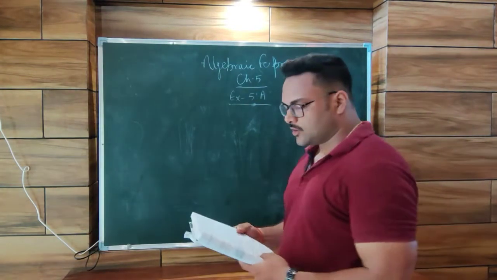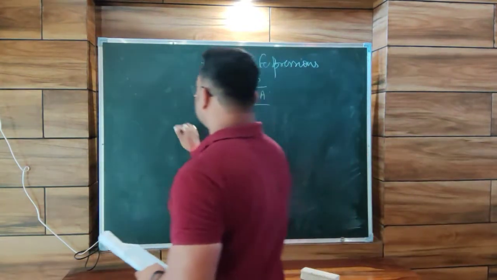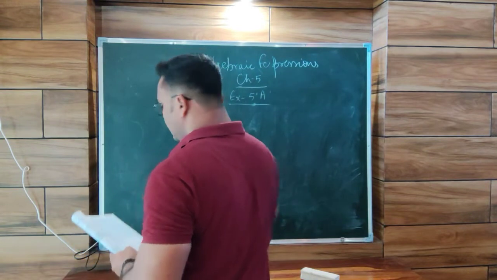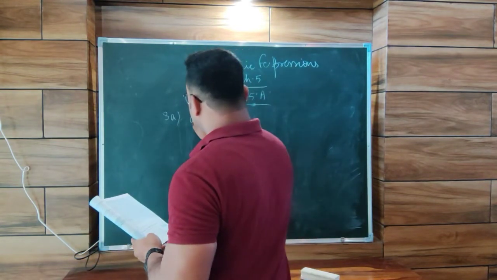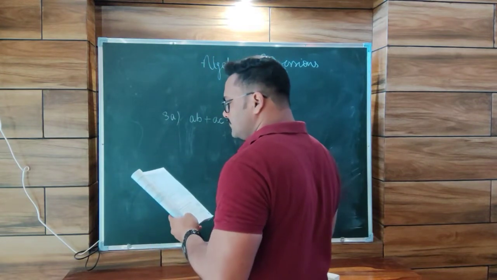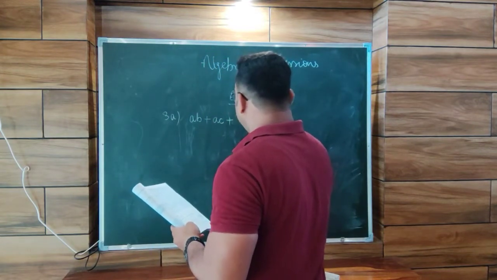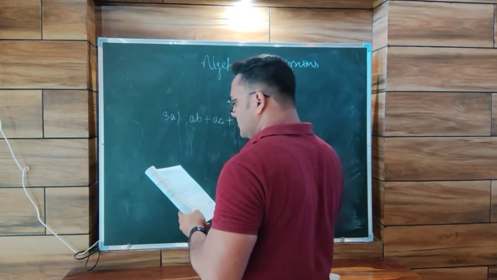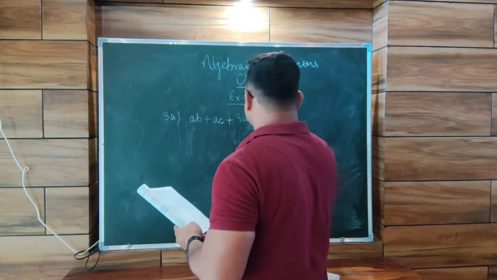Let us see that. Third question, first one. Question number 3, part A. AB plus AC plus 3AB plus 3AC.